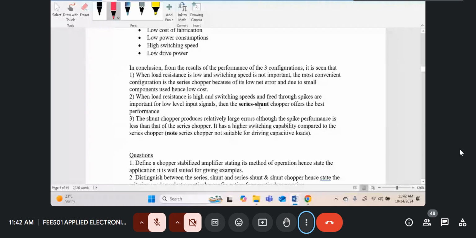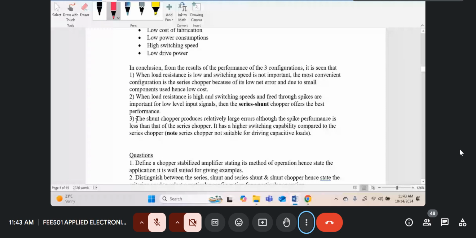Remember, the higher the switching speed, the lower the reactance of the interelectrode capacitance, the greater the possibility of feed-through from the control signal to the output to the load. And I've just shown you that for the series shunt, these switching spikes tend to cancel one another. So this series shunt chopper offers the best performance.